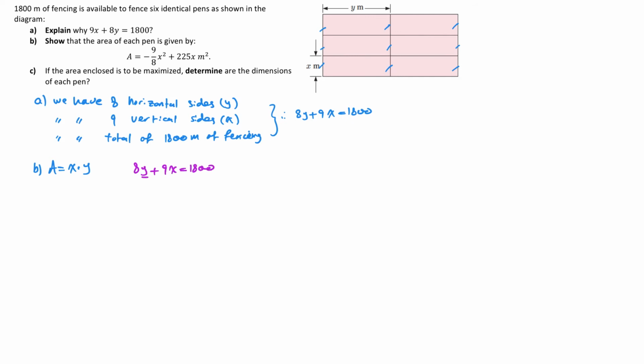So I can start isolating for y by first subtracting 9x from both sides, giving me 8y is equal to 1800 minus 9x, and then dividing both sides by 8. And by doing that, y is equal to (1800 minus 9x) divided by 8.